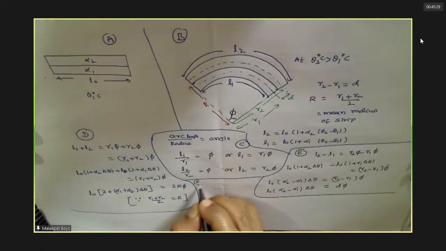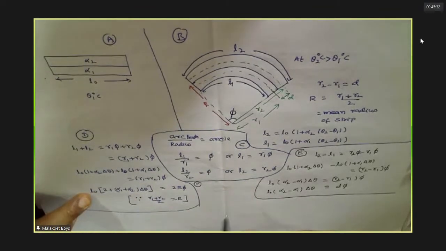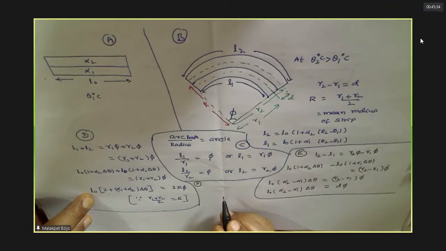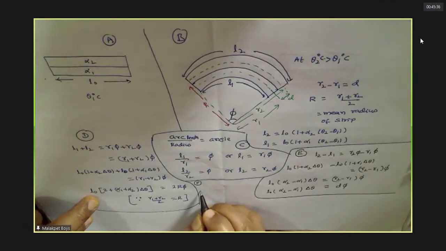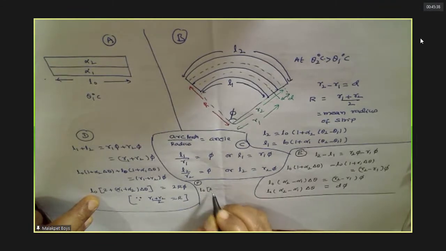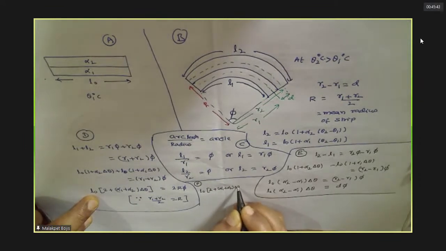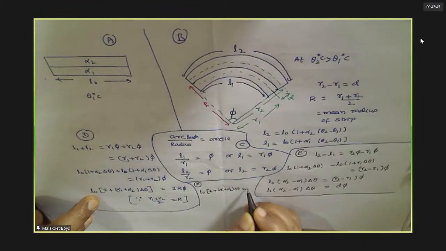In the last part, divide these equations. If you divide these equations, L naught into 2 plus something is 2R theta, no?